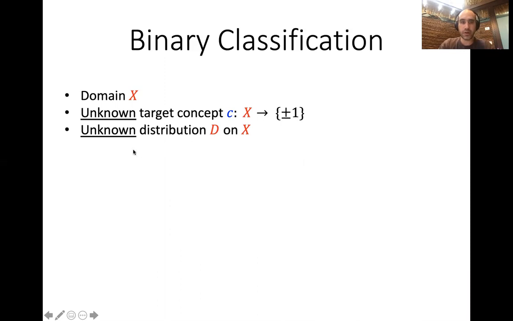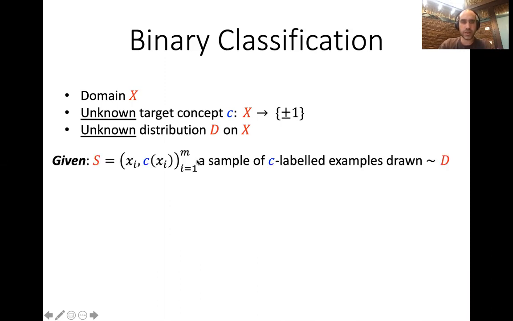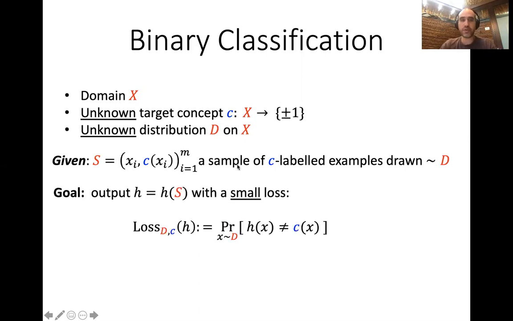There is also an unknown distribution D over X. Our algorithm gets an independent sample of examples drawn from D with their labels according to C. And the goal is to output a hypothesis H, which agrees with C on most points, with respect to the measure D. So the probability that H and C disagree should be as small as possible.